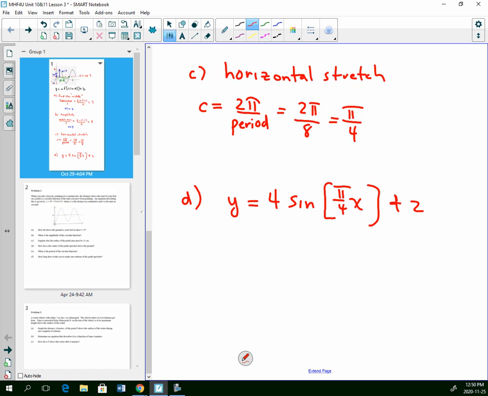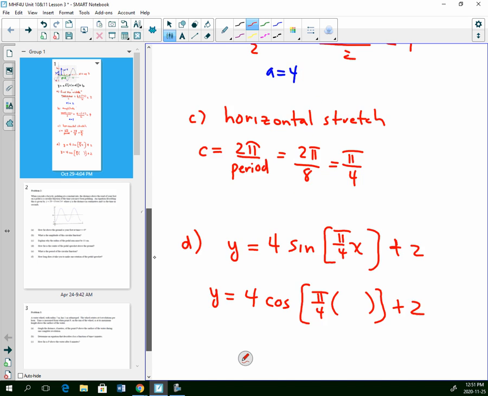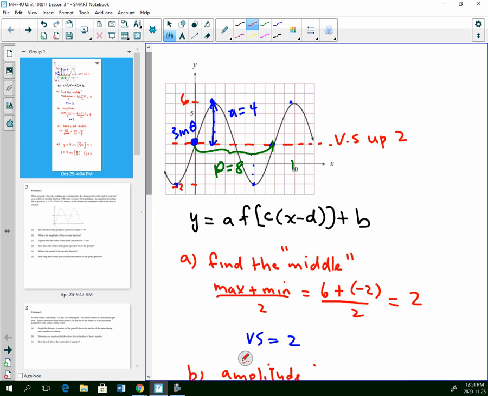If I were to do cosine, the amplitude stays the same, the C value stays the same, the vertical shift stays the same. The starting point for cosine is normally at the top of the curve, which is here. So the cosine curve has been shifted, the starting point, to the right 2 units.